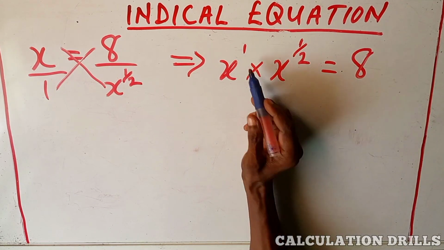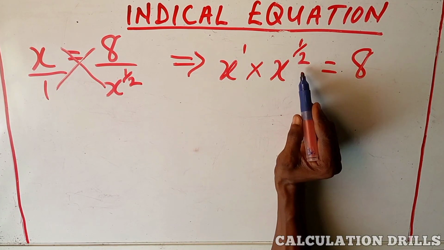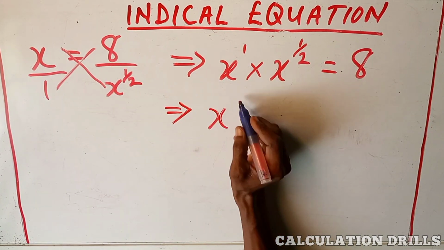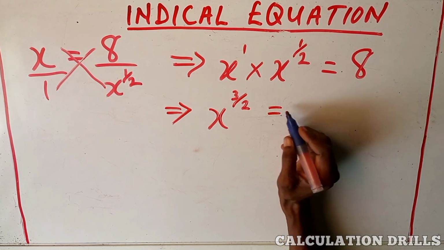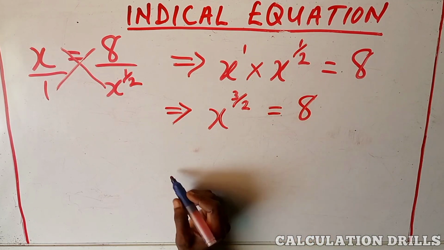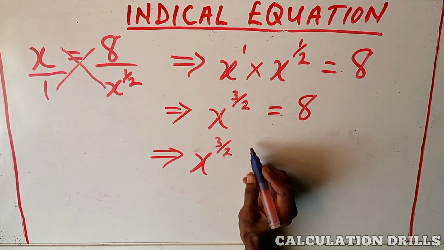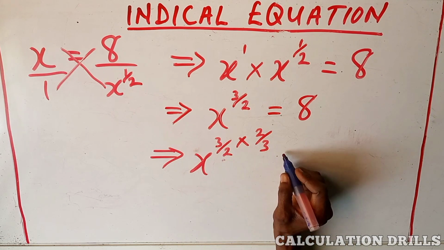Remember, multiplication means we add the powers. So the power of 1 plus 1 over 2 will give us 3 over 2 when we simplify. Since we are solving for x, we need to eliminate that power by multiplying it by 2 over 3. We equally did the same thing to the right hand side.